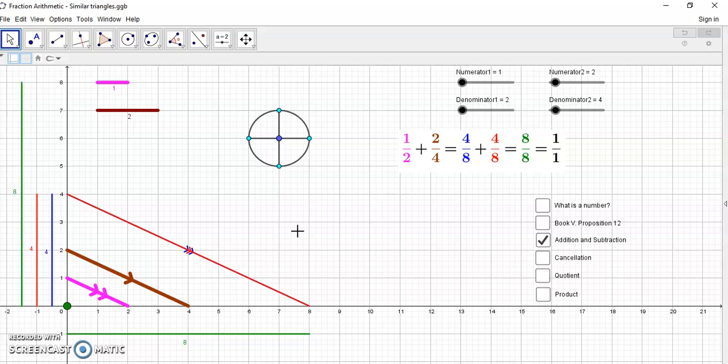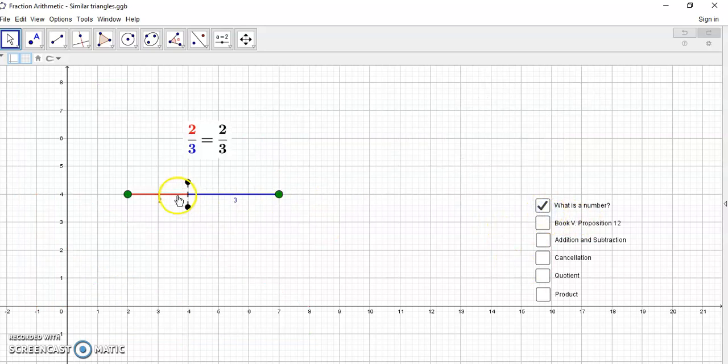The abstract unit is a unit whose actual size we don't care about when we make a statement such as a half equals 2/4. But now remember I showed you that a number has both an antecedent or a numerator, the red part, and a consequent or a denominator, right?